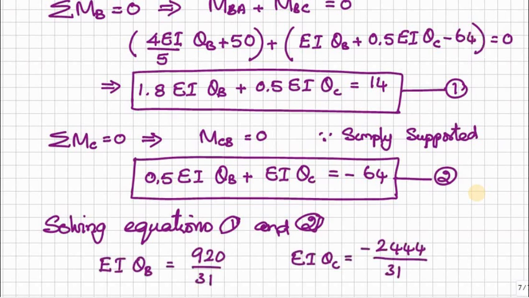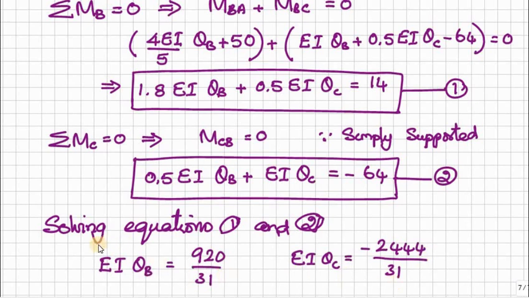So now we have two expressions and two unknowns, theta B and theta C. Therefore we can solve these two simultaneous equations. Solving the equations, we get EI theta B is equal to 920 by 31, EI theta C is equal to minus 2444 over 31.